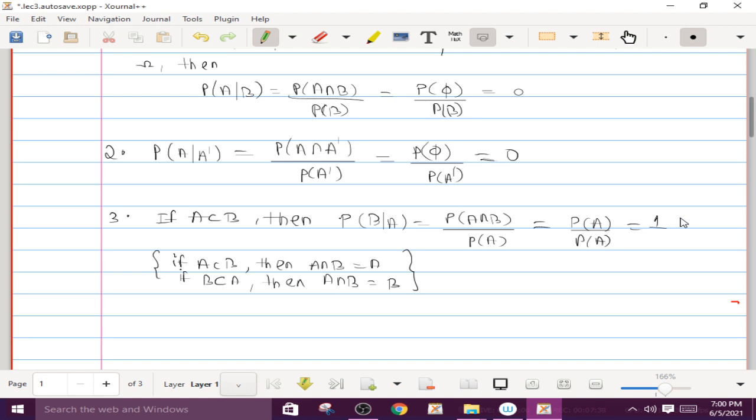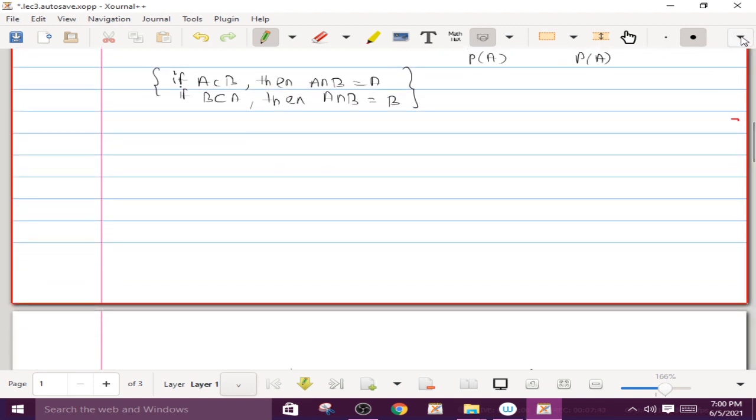Now let's see one theorem on compound probability.